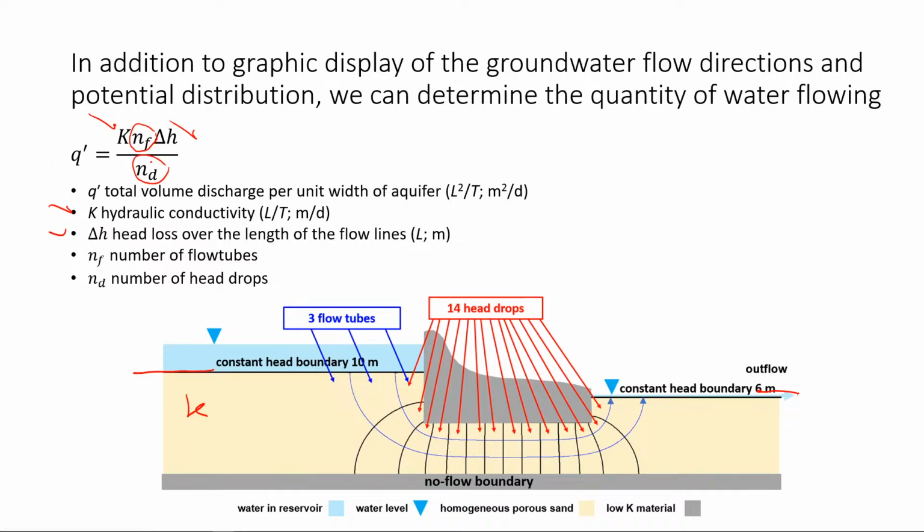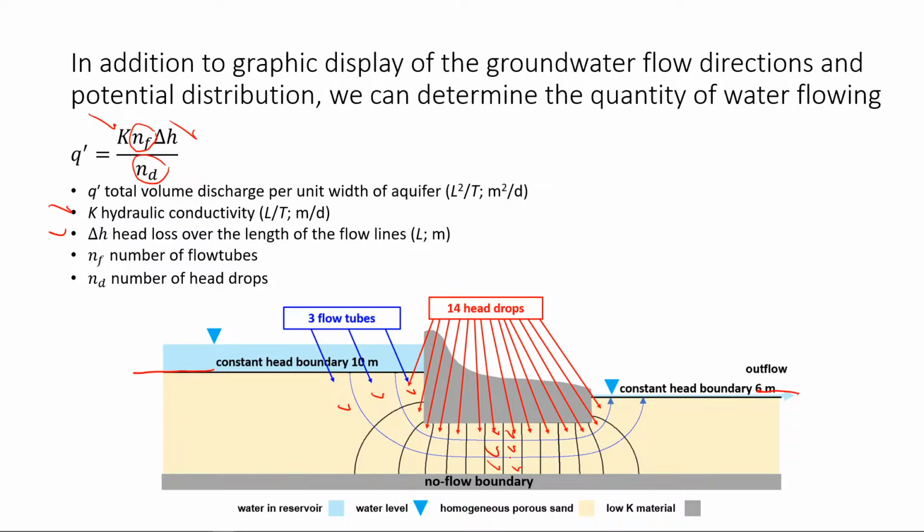What is NF and ND? NF is the number of flow tubes, and ND is the number of head drops. That's simple. How many flow tubes do we have? In that system, we have one flow tube, two, three; you can see it here, 1, 2, 3. We have 3 flow tubes.